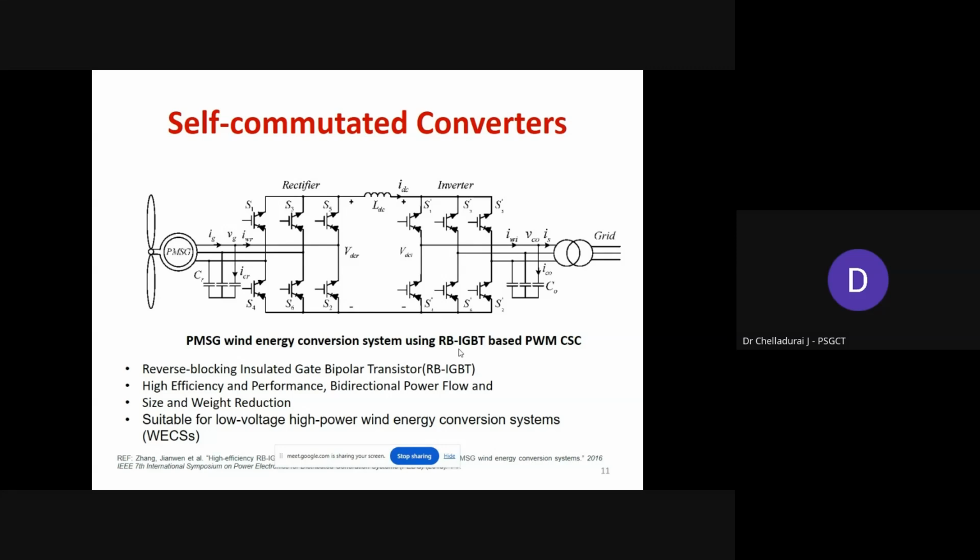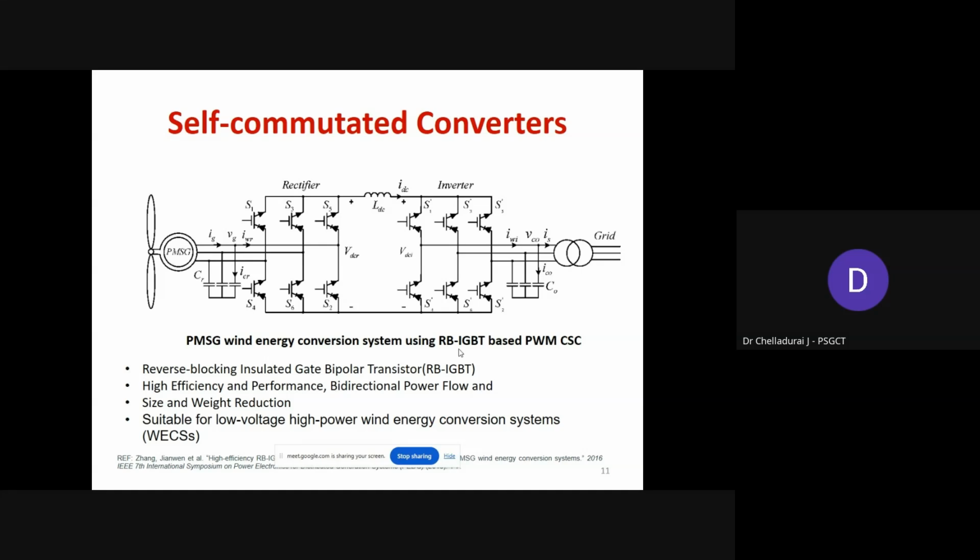The recent trend in this current source inverter based wind energy conversion system is that, instead of using the conventional gate turn off thyristor based concepts, RB IGBTs can be used. RB IGBT means reverse blocking insulated gate bipolar transistor, which can be used to convert AC to DC in the first stage, and again in the second stage DC to AC.